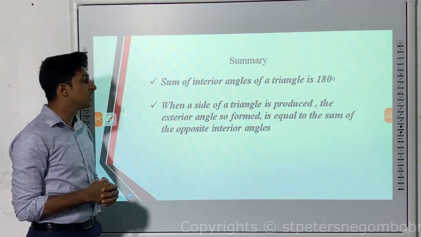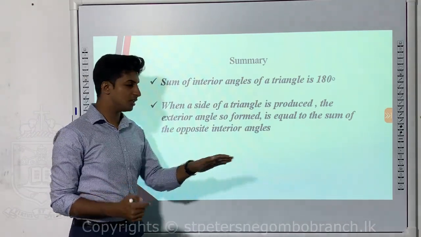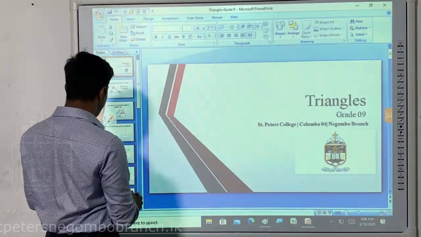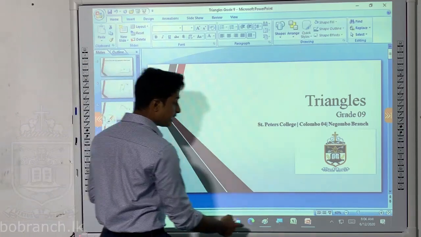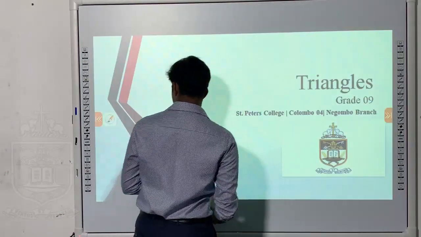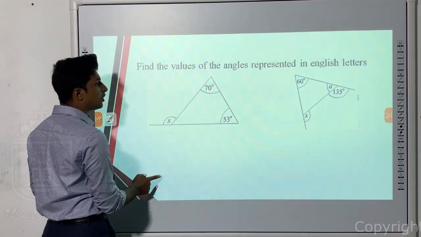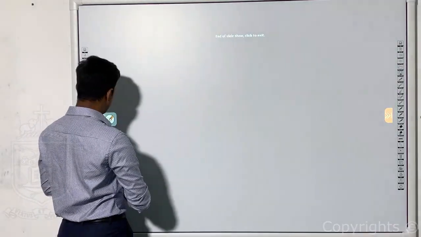In the next one, they say when a side of a triangle is produced, if I draw that just one last time, the exterior angle so formed is equal to the sum of the opposite interior angles.